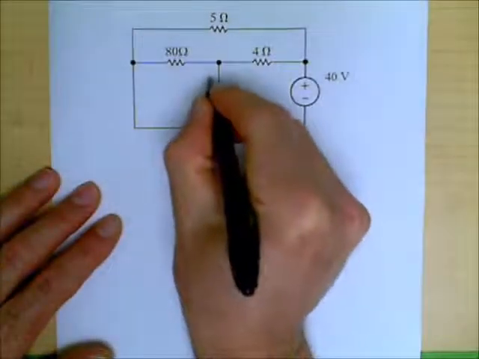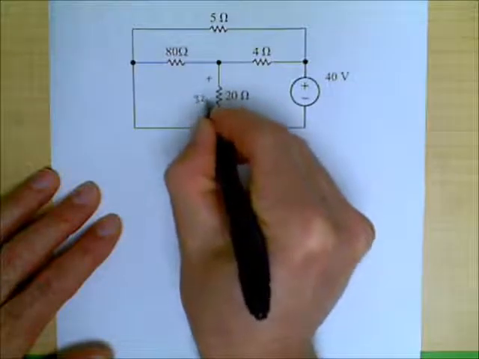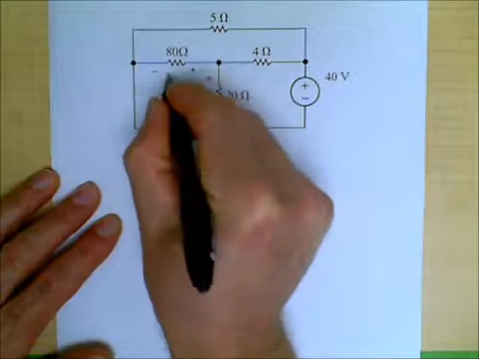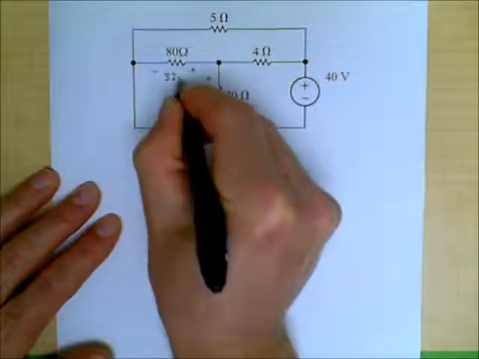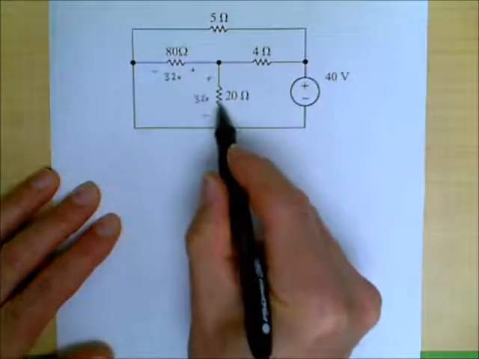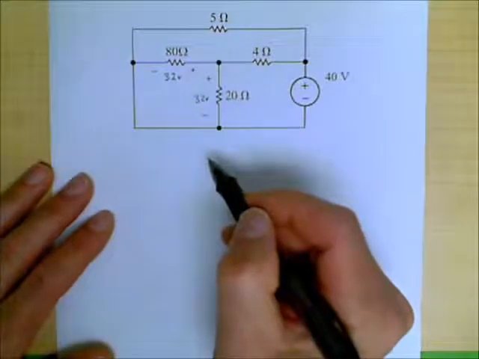And so we can determine that the voltage across that 20 ohm resistor is 32 volts, just the same as the voltage across the 80 ohm resistor is also 32 volts. And so this parallel combination has the same voltage across both elements, and that voltage is 32 volts.